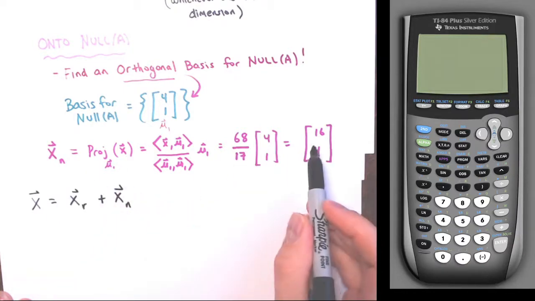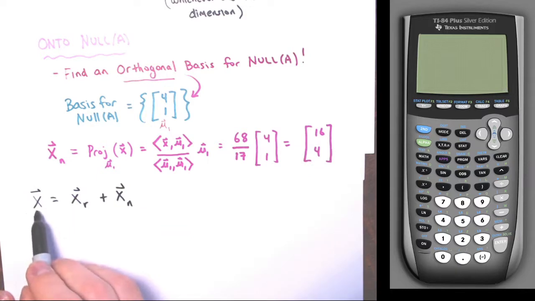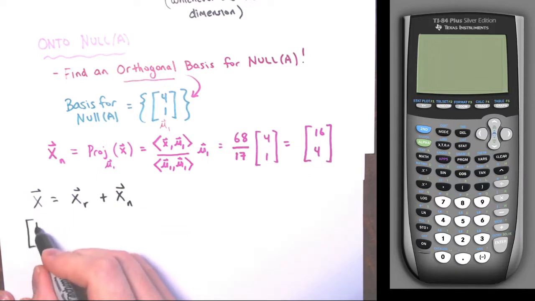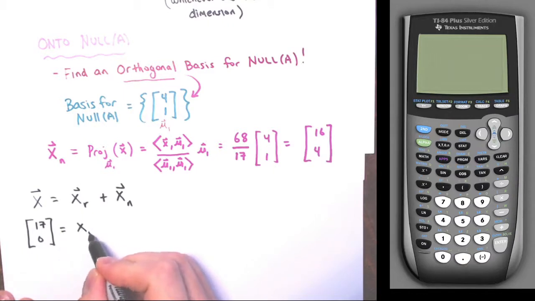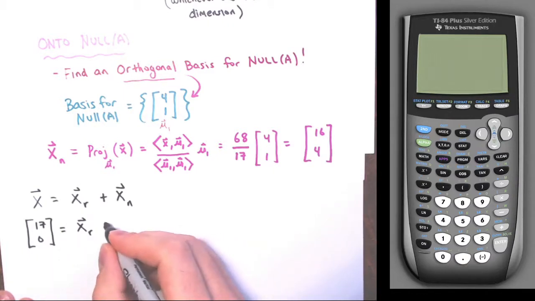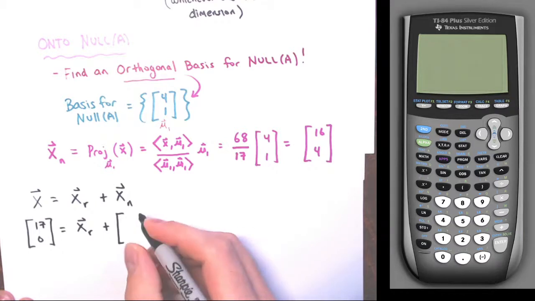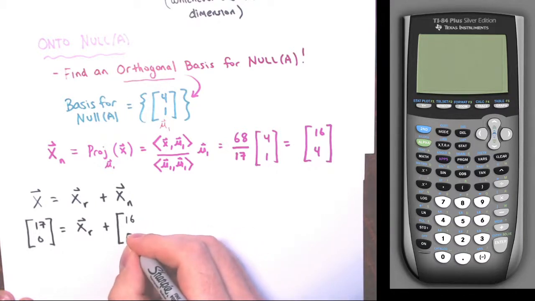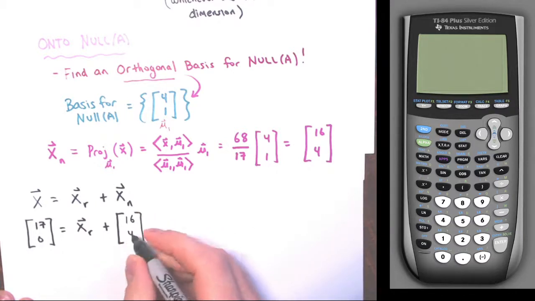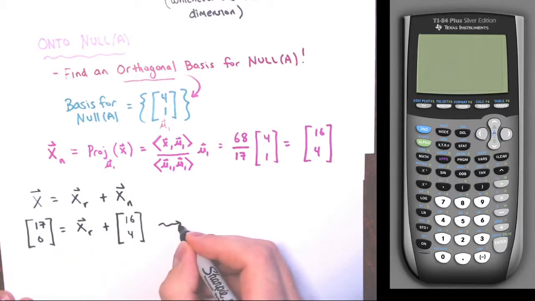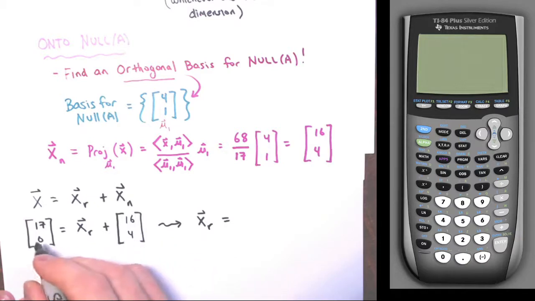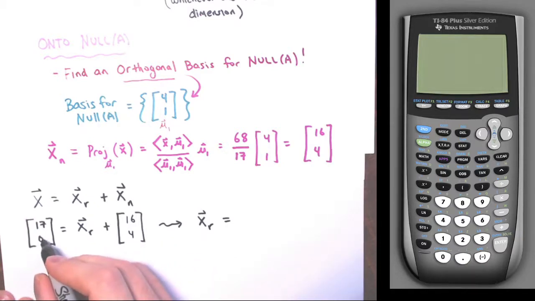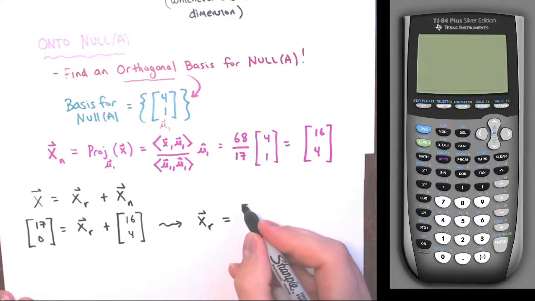I have the vector from the null space and I have the vector x. So 17, 0 equals this vector from the row space plus 16, 4. Then I subtract 16, 4 and we get our vector from the row space. It's just a simple matter of subtraction. So what's 17, 0 minus 16, 4? That's 1, negative 4, the vector 1, negative 4.